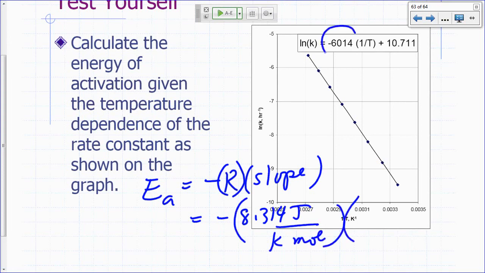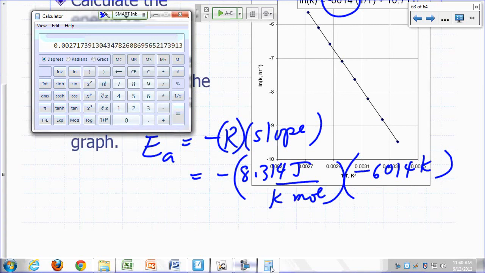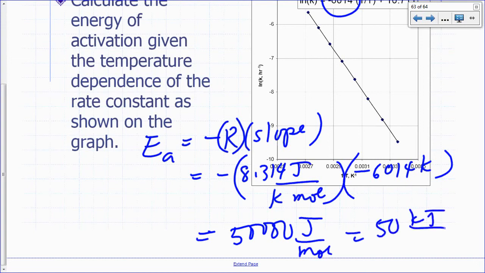And what's our slope? Negative 6014. That should be in Kelvin. So that gives us 8.314 times 6014, about 50,000 joules per mole. That's about 50 kilojoules per mole.